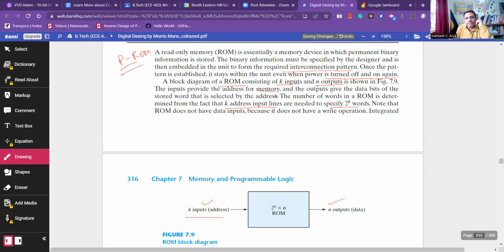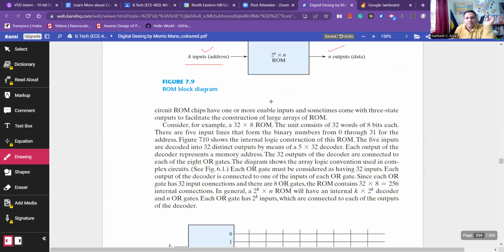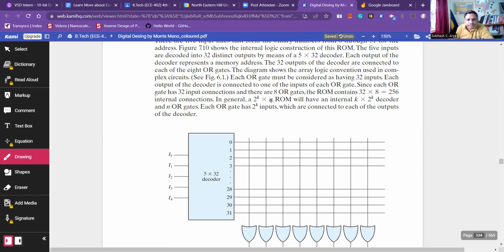Note that ROM does not have data input because it does not have a write operation. It is only read. That is why there is no pin for write. Integrated circuit chips have one more enable input and sometimes come with 3-state output to facilitate the construction of large arrays of ROM.